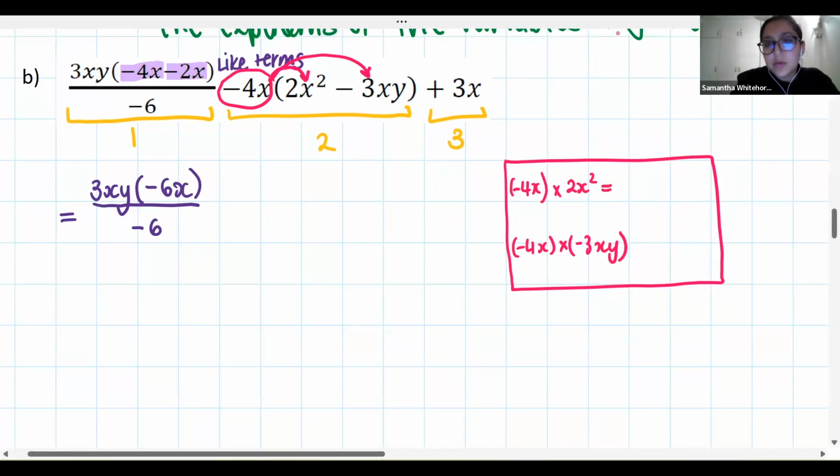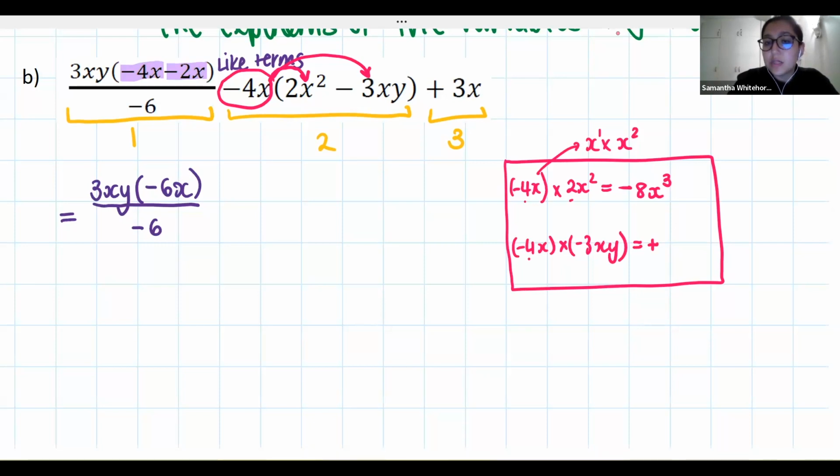So for the first one, a negative times a positive is a negative. 4 times 2 is 8. Now remember your exponent rules. X times x squared. That x has an exponent of 1, so we would add them, giving us x cubed. For my second product, negative times a negative is now a positive. 4 times 3 is 12.